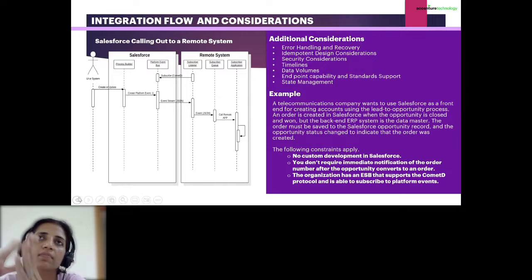Once Salesforce has notified ERP of the order, ERP could make a callback and update the order number in Salesforce, which is then probably used later for tracking or any other purpose. Excellent. Thank you.